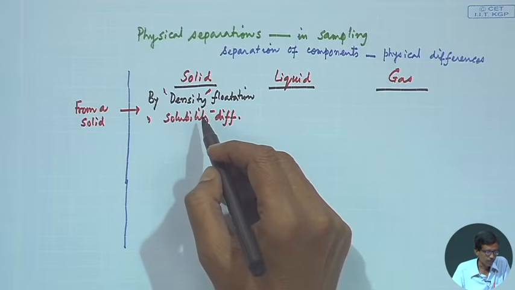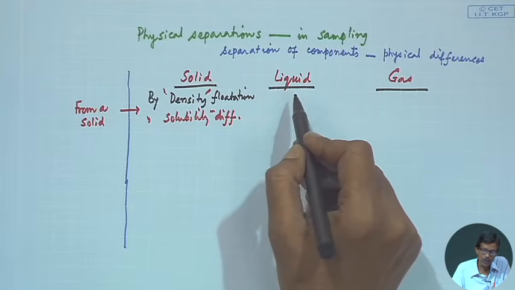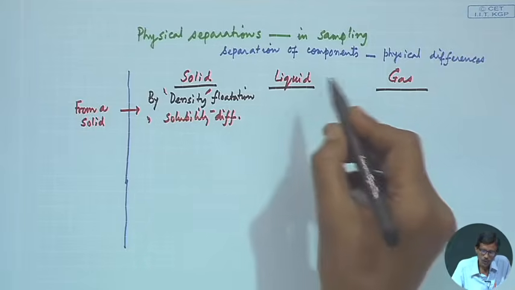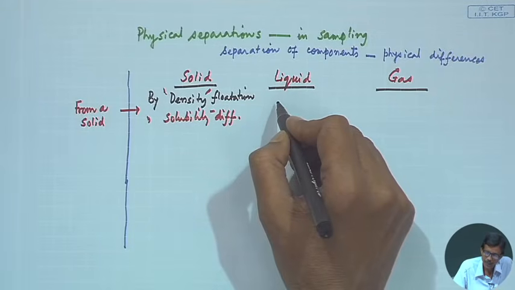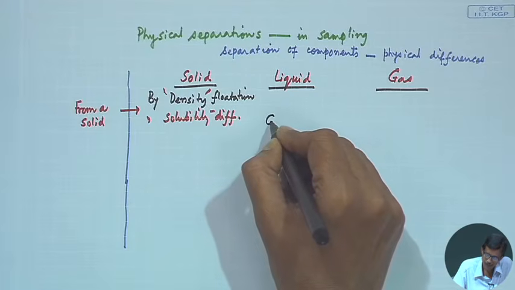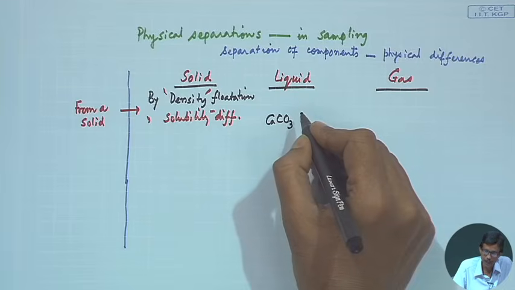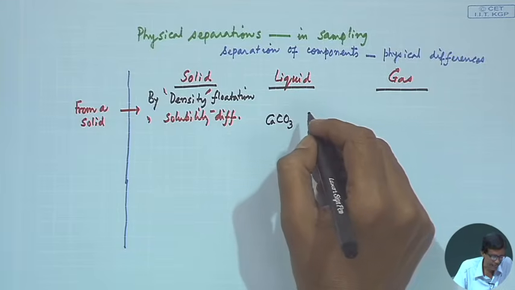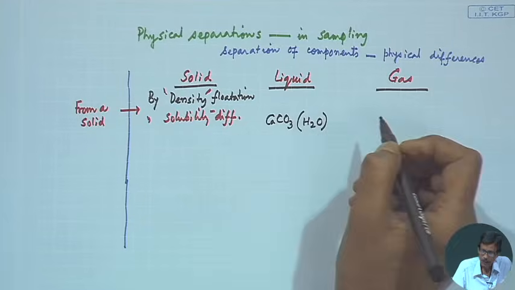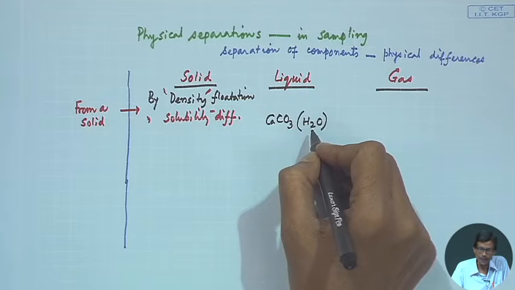Next, how can we separate a liquid from a solid? Suppose a liquid is trapped, say in a sample like calcium carbonate in our hand, and that calcium carbonate has some trapped water. We all know this as the water of hydration.